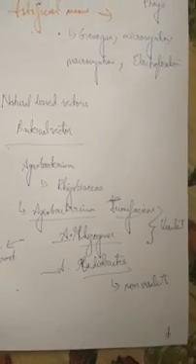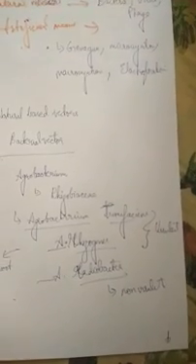There are three types of Agrobacterium. One is Agrobacterium tumefaciens, Agrobacterium rhizogenes, and Agrobacterium radiobacter. Agrobacterium tumefaciens and Agrobacterium rhizogenes are virulent strains, but Agrobacterium radiobacter is the non-virulent strain.